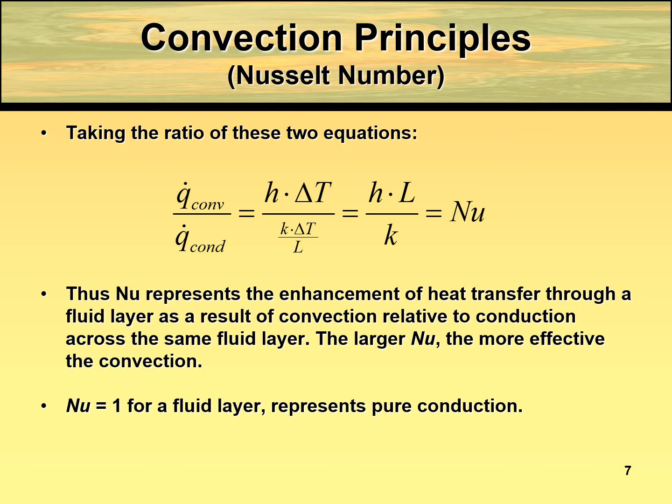So the Nusselt number represents the enhancement of heat transfer through the fluid layer as a result of convection relative to conduction across the same fluid layer. The larger the Nusselt number, the more effective the convection. A Nusselt number equal to 1 represents pure conduction, where the rate of heat convection is equal to the rate of conduction.